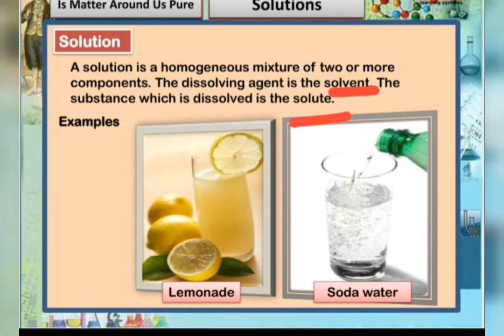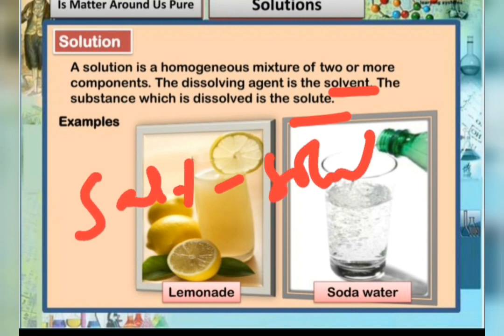So for example, if we are making a solution of salt, how will we prepare the salt solution? We'll dissolve salt in water, right? So salt here is solute because we are dissolving salt. The substance which is dissolved is called solute.